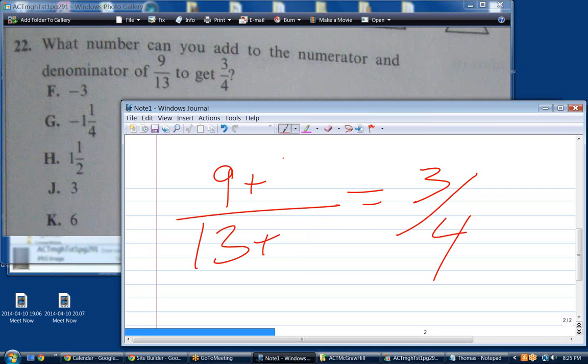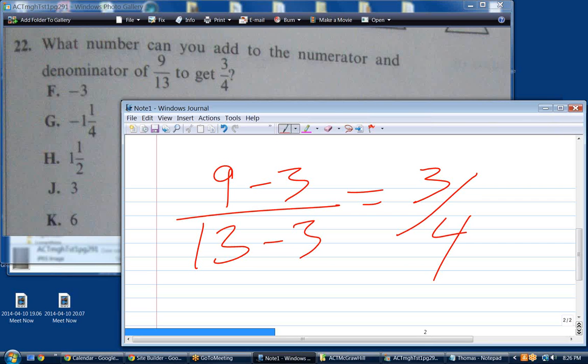Let's say we pick 6 first. Is that equal to 3/4? No. Okay, so we rule out 6, and maybe minus 3 would be it. Is that equal to 3/4?